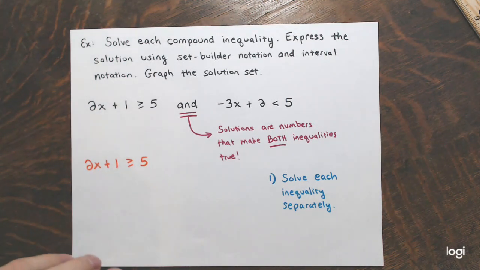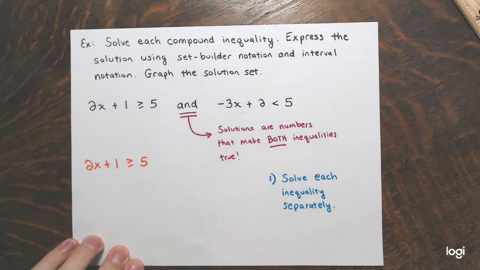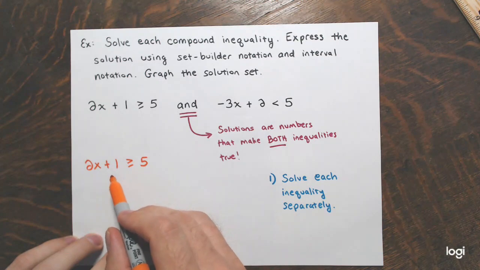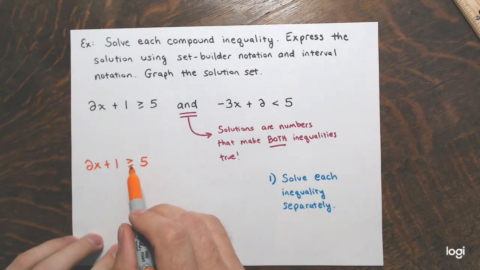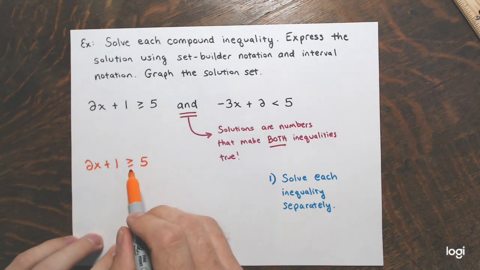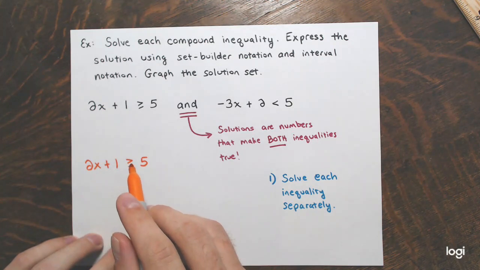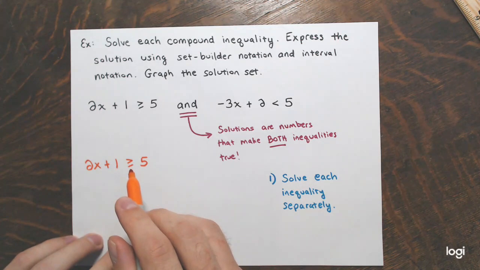I'm going to gather all the terms with the variable on one side and terms without that variable on the other. You just have to be careful, you have to know when the direction of the inequality symbol changes, and that's really the only thing you're going to have to worry about, which is when you multiply or divide both sides by a negative number.